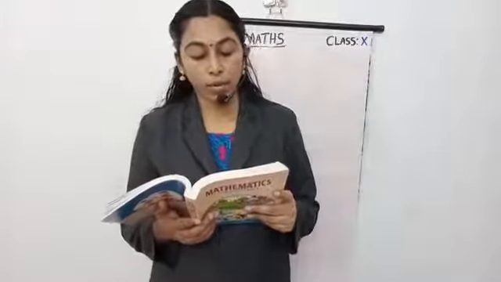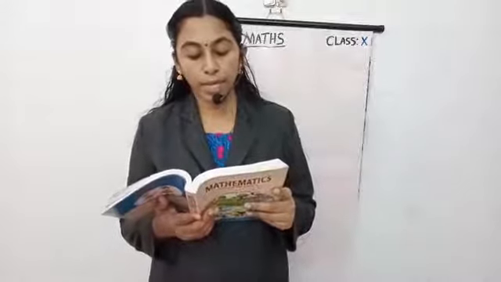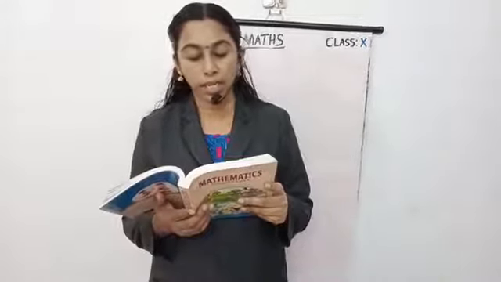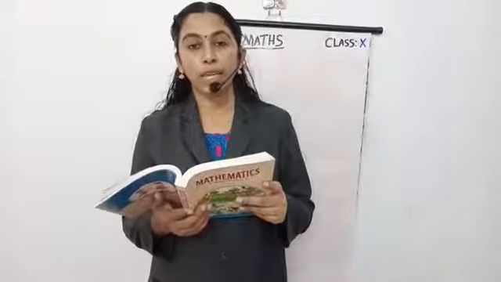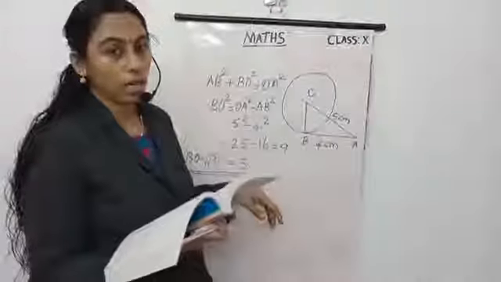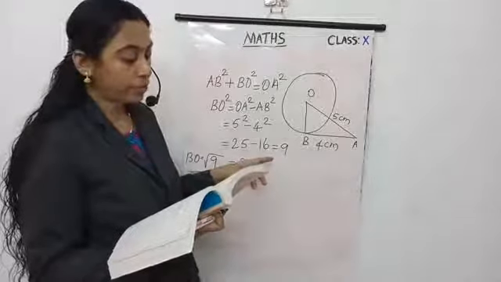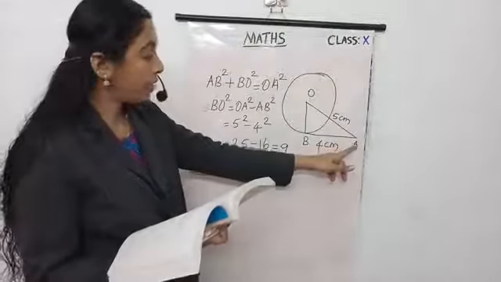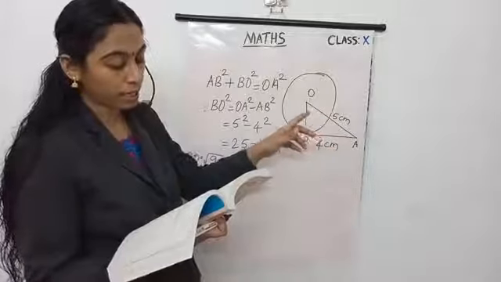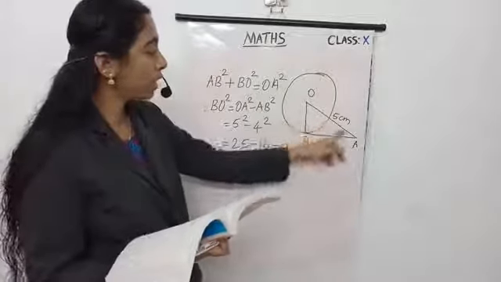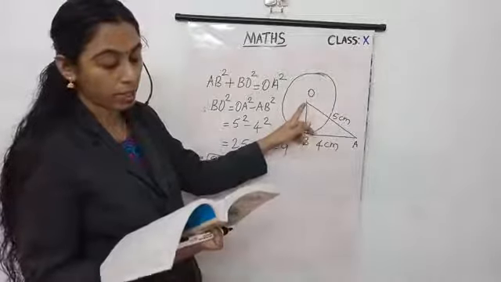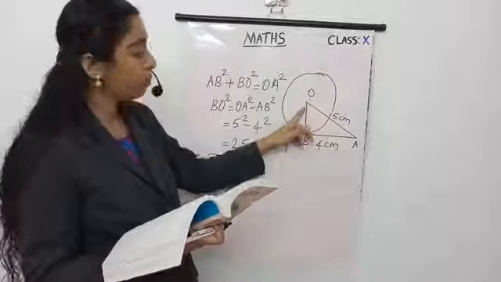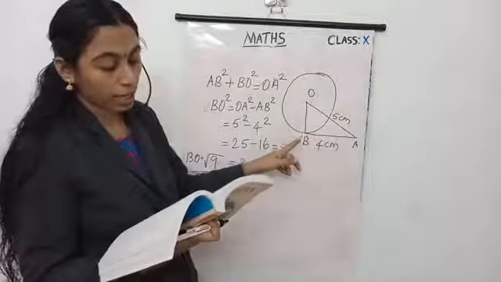The length of a tangent from a point A at a distance of 5 cm from the center of the circle is 4 cm. Find the radius of the circle.